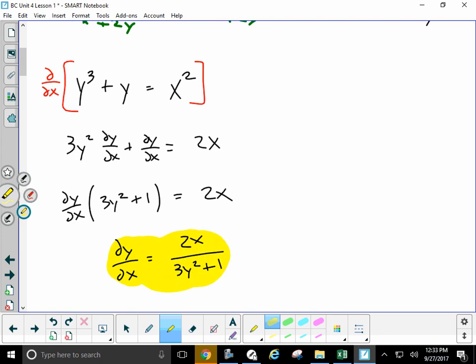There is my tangent slope generator for that implicit equation. Questions?